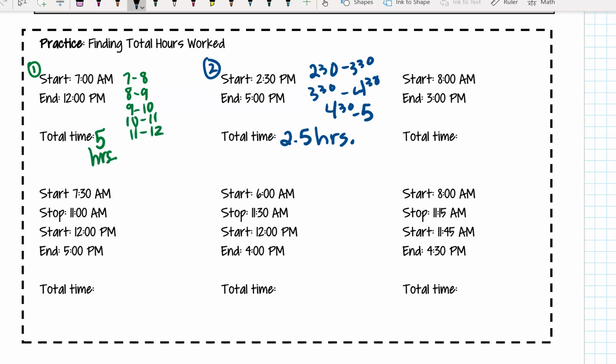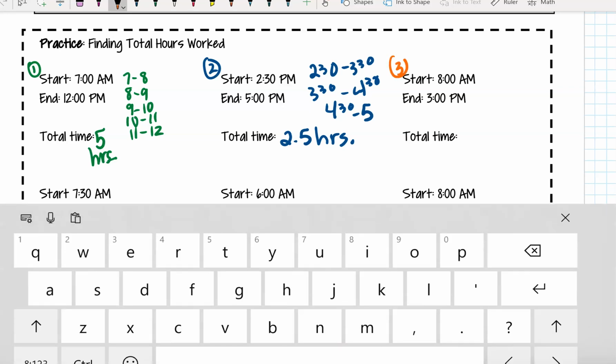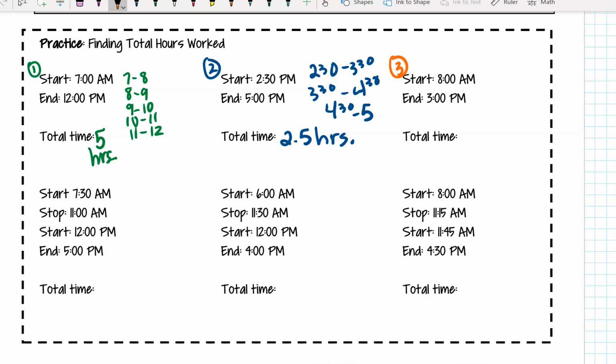Okay, so number 3, we're just going to go across. We start at 8 a.m. and we literally do not stop working until 3 p.m. We don't take a break, we don't eat lunch, we don't take our 15 minutes that we're supposed to get. We literally work from 8 a.m. to 3 p.m. How many total hours is that? 6, 7?